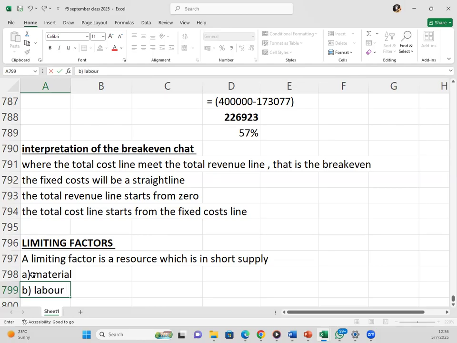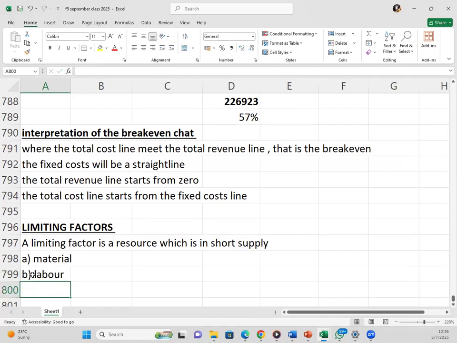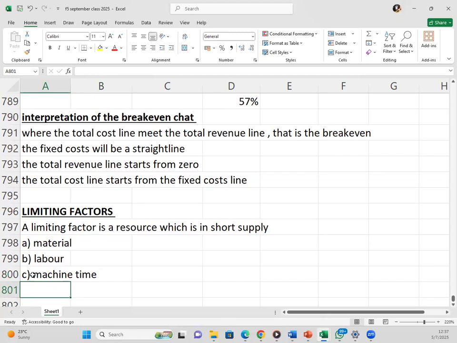Labor time could be a limiting factor. So if we are dealing with a labor-intensive environment, we might have a shortage of labor, which can restrict us from operating at our maximum capacity. So labor could also act as a limiting factor. Then besides labor, another limiting factor could be the machine time, the machine hours.